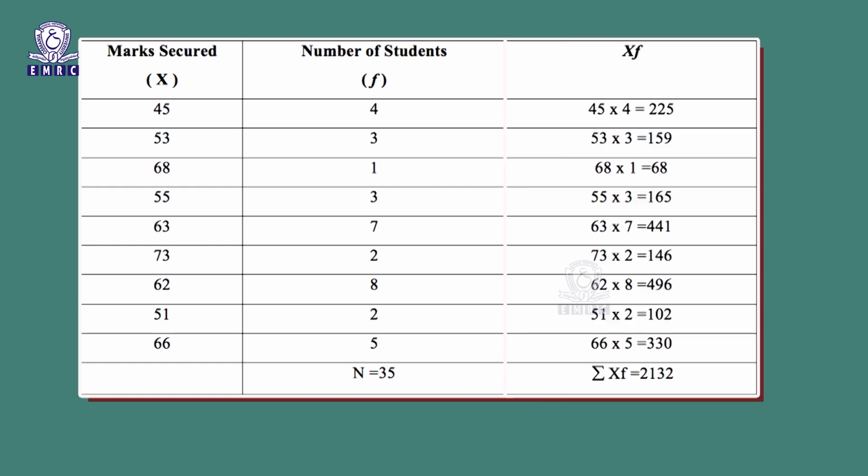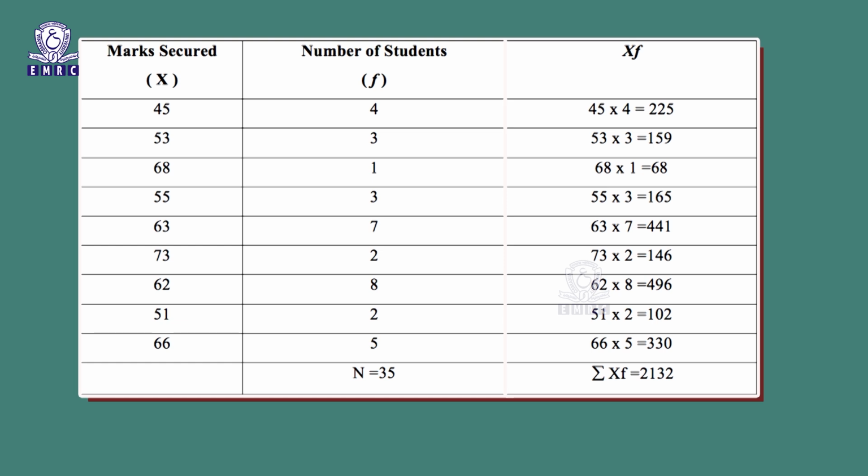In the first step, we have to multiply the marks with the number of students. So our duty is to calculate the xf value. So that is nothing but 45 into 4, which is equal to 225.